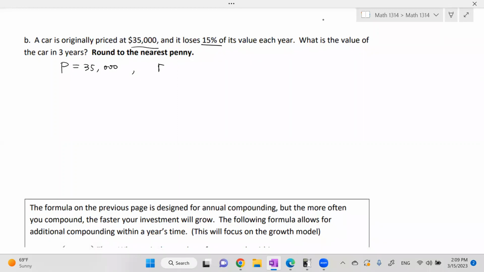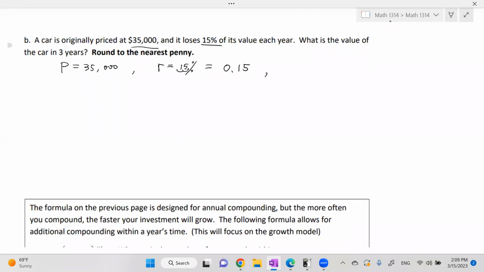That's a rate for the decay. That's 15%. Converted to decimals, we move the decimal point to the left 2 units. So I'm having 0.15.